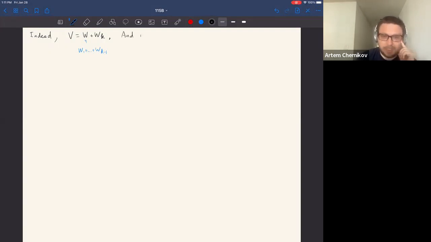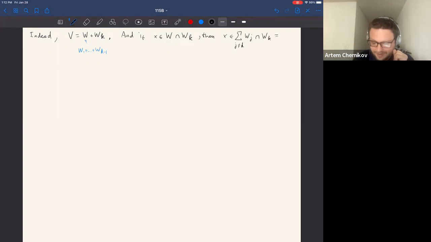And if X belongs to W intersected with Wk, so assume this happens, we want to show that then X is 0, right? Then X belongs to the sum of Wj over j not equal to k, intersected with Wk.